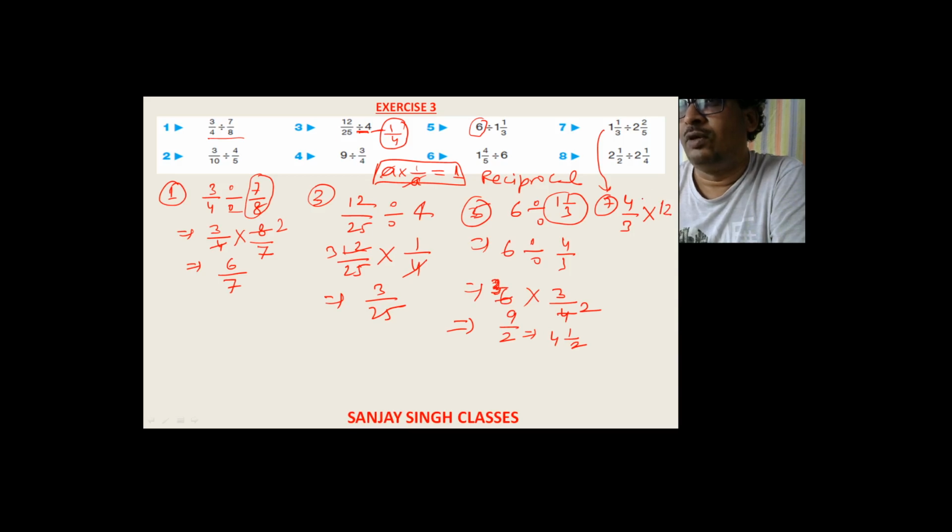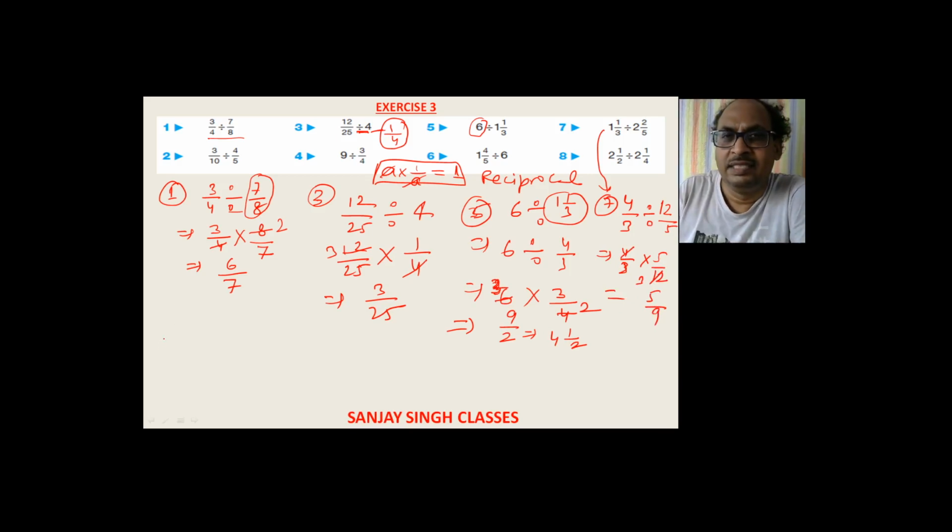Okay, sorry. Then further let me write the division only. Okay, so it will become 12 by 5, and further 4 by 3 into 5 by 12. Okay, so 4 3 are 12, right, and it will become 5 by 9, right.